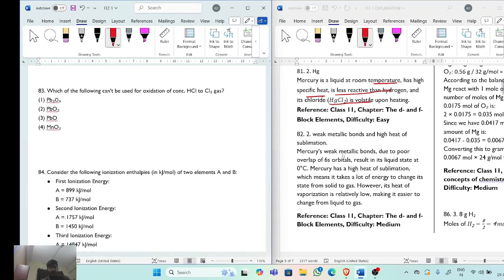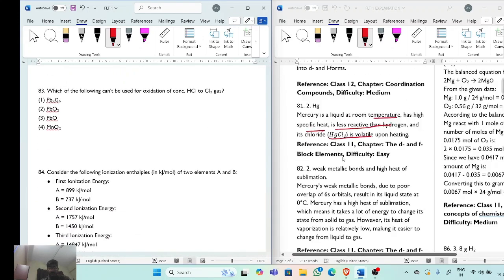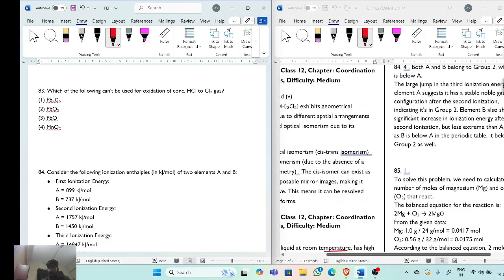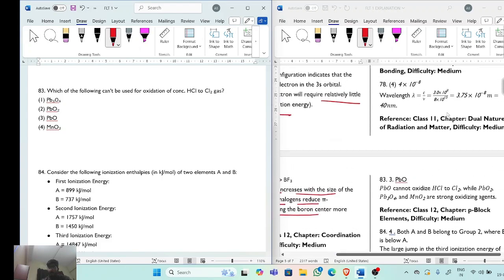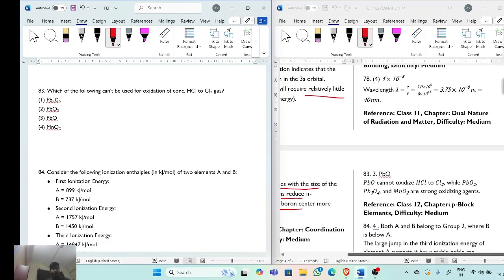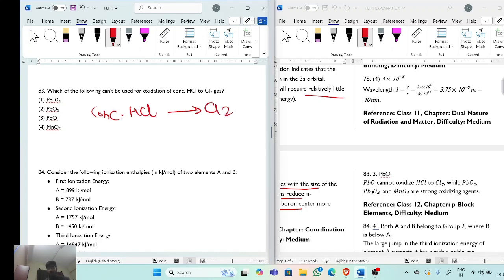Now question number 83. Which of the following can't be used for oxidation of concentrated HCl to chlorine gas? PbO cannot oxidize HCl to Cl2, so PbO can't be used.